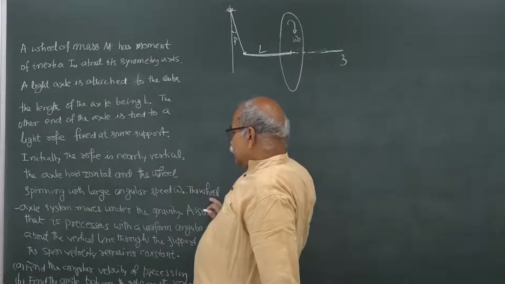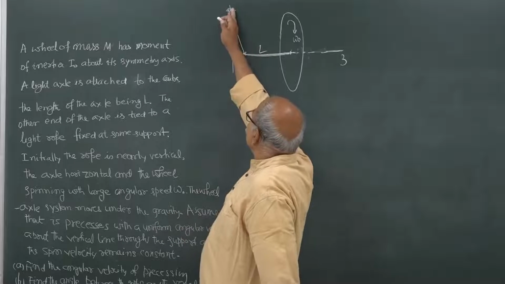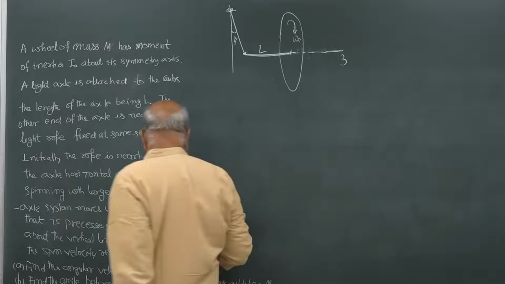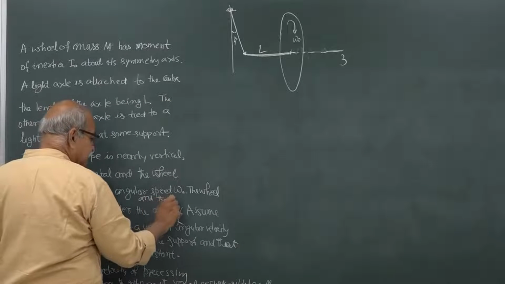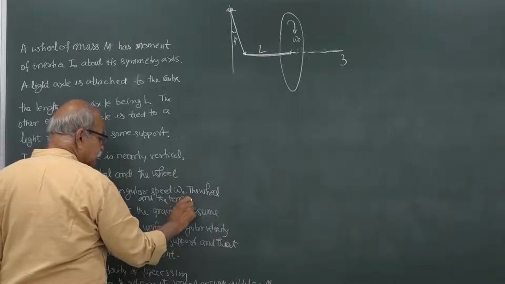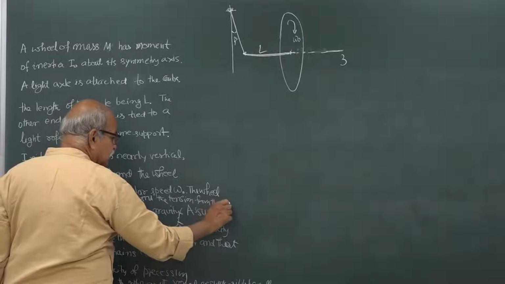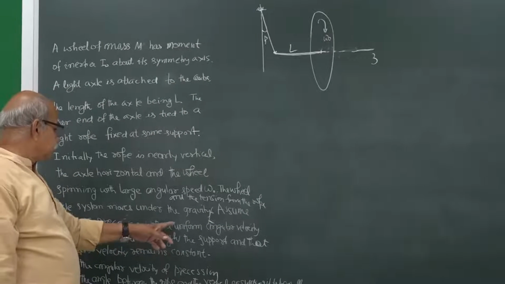The wheel axle system moves under gravity and of course the tension from the rope. So, these are the forces on this wheel axle system.